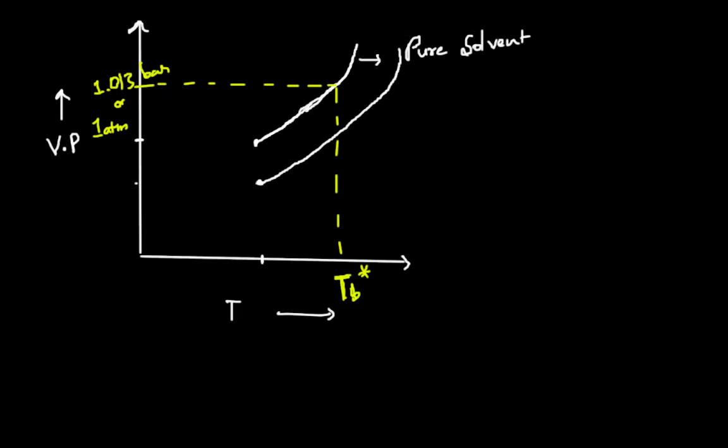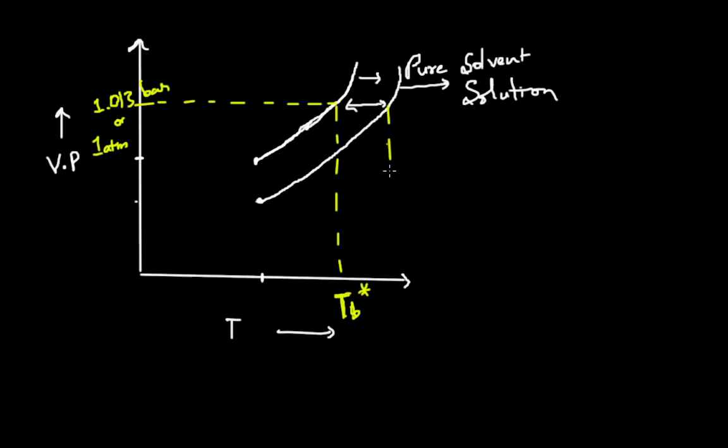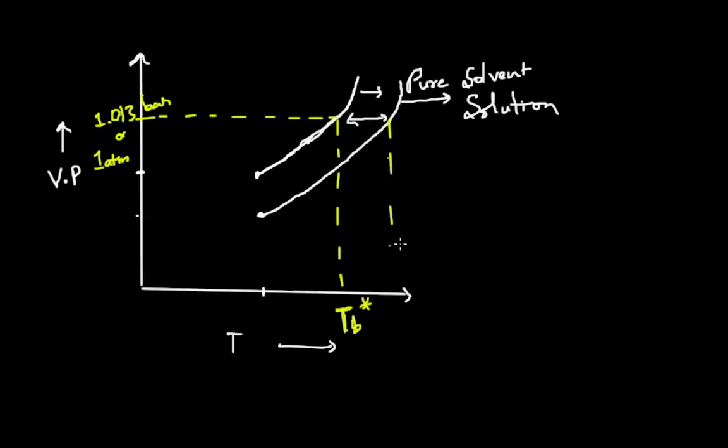But that was for the pure solvent. This one is the solution. Now, to attain the same pressure of 1.013 bar or atmospheric pressure, you need to go to a higher temperature, which is your new TB.